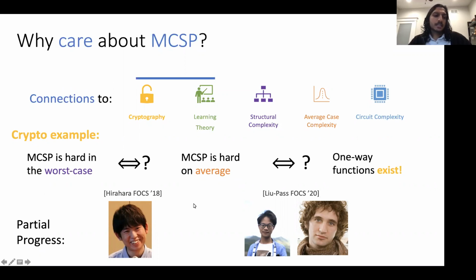The main technical barrier to pushing all these equivalences through is that Hirahara's result only works with one-sided error, and Liu and Pass's result also basically only works with one-sided error, and these one-sided errors are in the wrong direction to compose them. But I think this is a very exciting line of work. It's not clear what major barriers it runs into at this point, so it's an exciting thing to look for over the next few years.